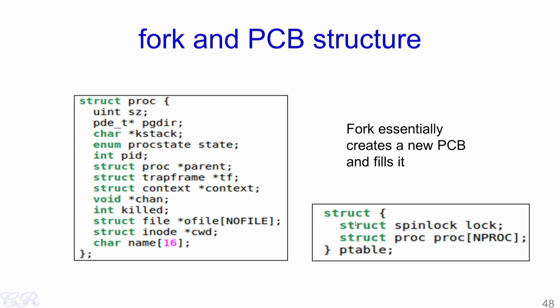Recollect also that there is a ptable that is defined in the xv6 operating system. The ptable essentially contains an array of procs. The size of the array is NPROC, which is the total number of processes that can run at a single time in the xv6 OS. So, every process is allocated one entry in this particular ptable.